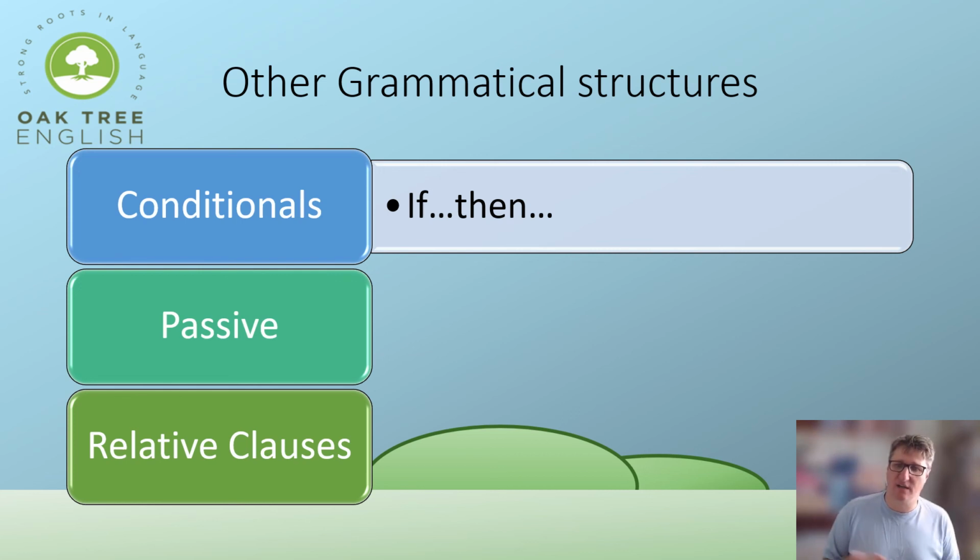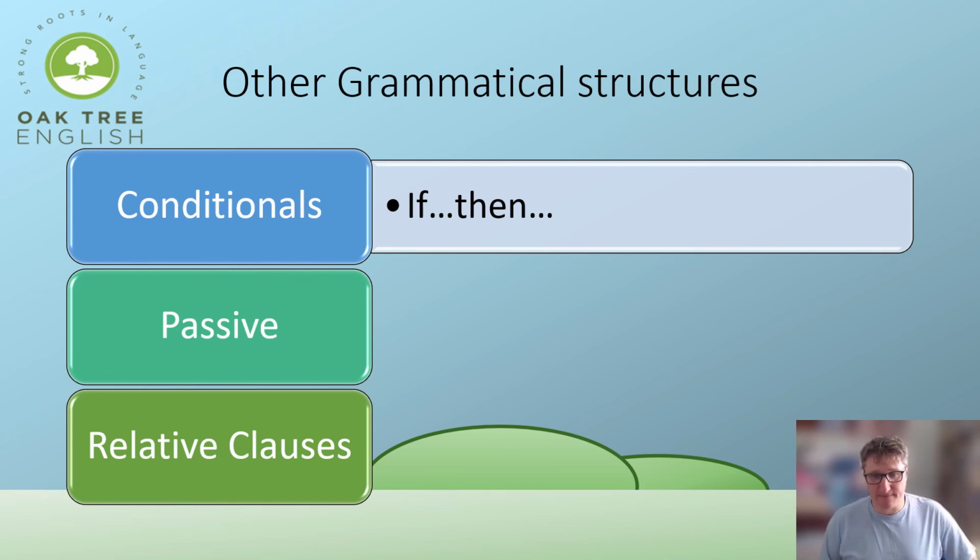If I had studied harder, I would have passed my exam. Now you can put the if clause at the beginning and separate it with a comma, or you can put your if clause at the end and probably not separate it with a comma. It doesn't matter. You can mix it all around. Mixed conditionals also happen. I shall leave you to think about what that might look like, or Google it if you're particularly interested.